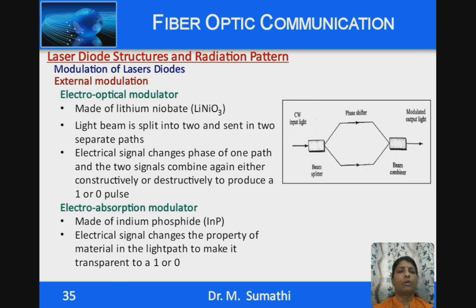The electro-optic modulator, as shown in the figure, is made of lithium niobate, and the light beam is split into two parts, and in one of the parts the electrical signal changes the phase of the signal, and the two signals are combined again, and these combine constructively or destructively to produce a 1 or a 0 pulse depending on the electrical pulse that has created a phase shift. In the electro-absorption modulator, which is made of indium phosphide, the electrical signal changes the property of the material itself over which the light path travels, and thus it makes it transparent or opaque to a 1 or 0 and helps in modulation.